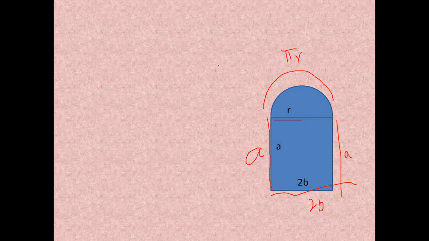So the perimeter is pi r plus, if you take a plus a, that's 2a, plus 2b.